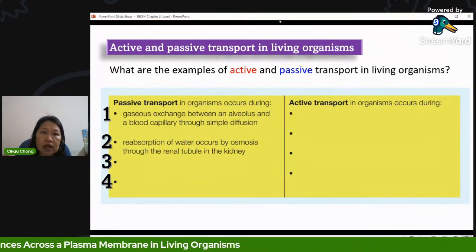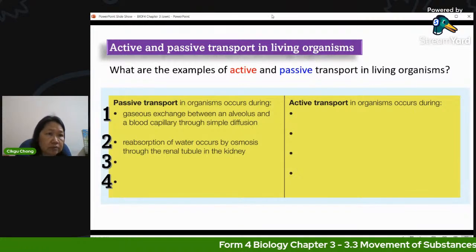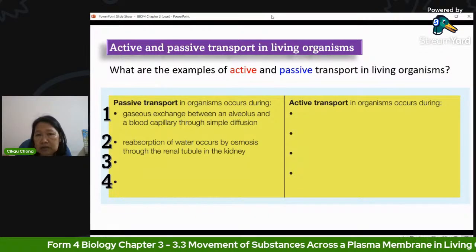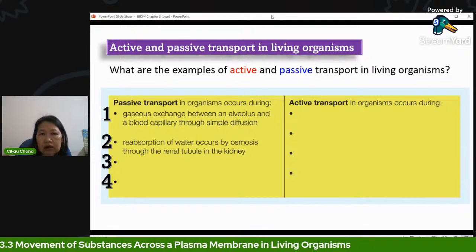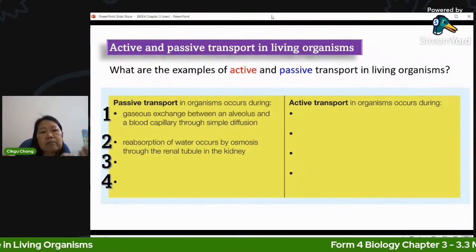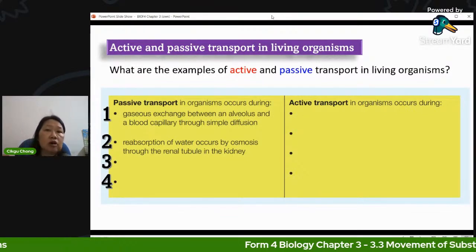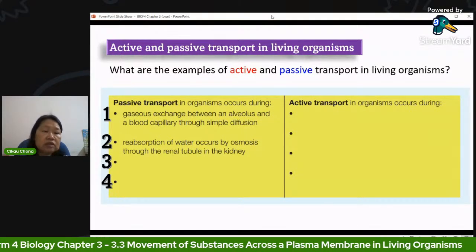Next one, reabsorption of water. We must remember the word reabsorption, not just absorption. We do not accept the word absorption of water. When we want to produce urine, a lot of the liquid passes through the glomerulus and the kidney tubules, which we call the renal tubule. Most of the water is actually reabsorbed back into the blood, because we do not want to excrete too much water from our body, because water is important.